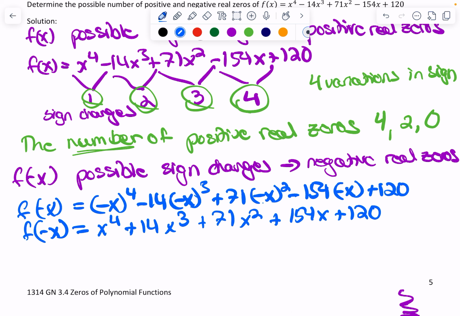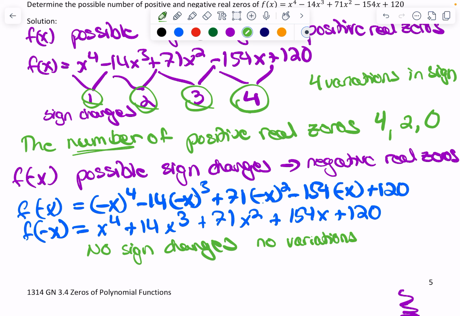Okay, now if you look at this, there are no sign changes. All of them are positive. So no variations in sign. Every single sign is positive.